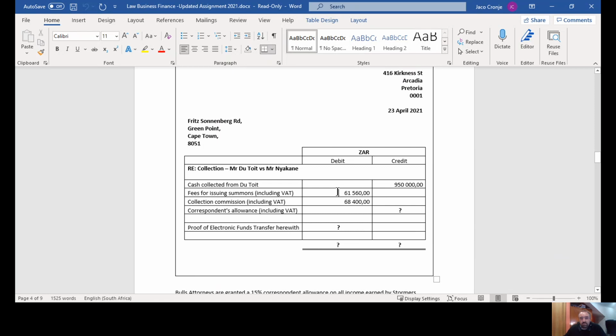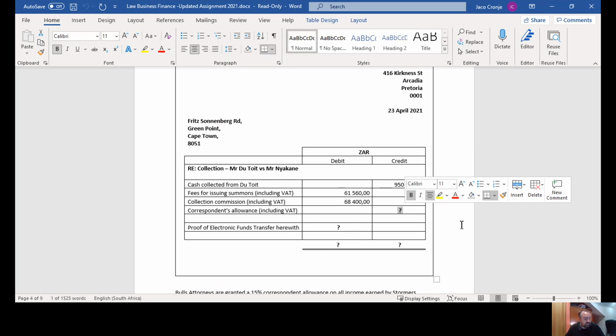And then for all of the amounts that you raise there as fees, remember to take the transaction as you've accounted for it and throw it in reverse to the value of 15% to reflect your correspondence allowance. So that's exactly the same as we did in the training exercise. You take the fee and you throw it in reverse.